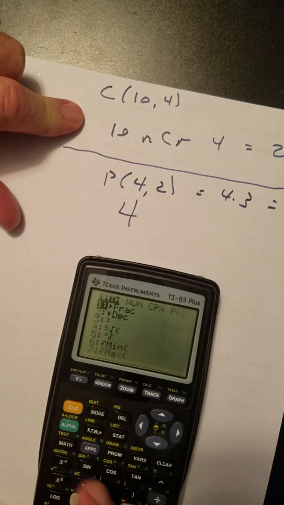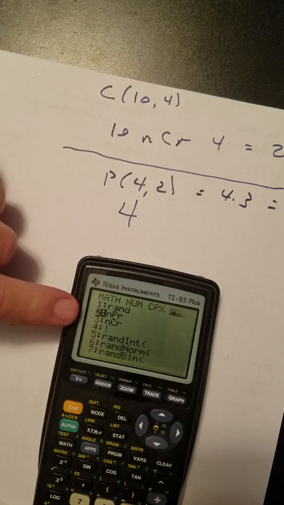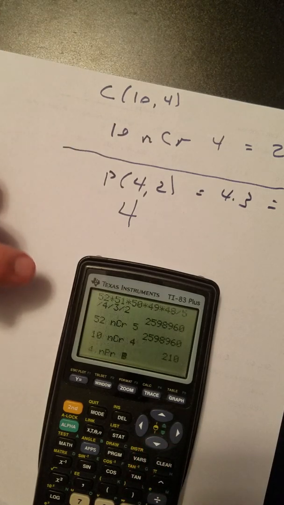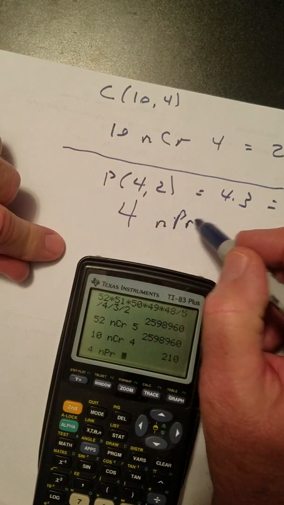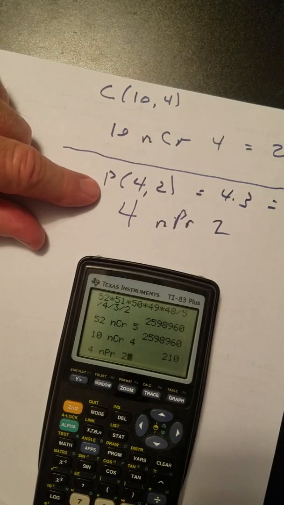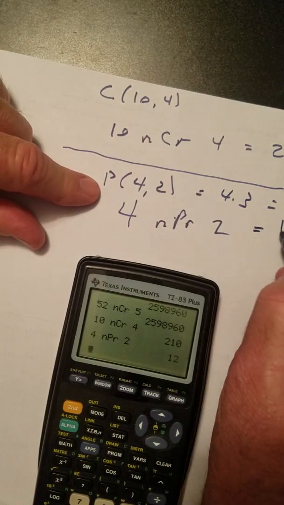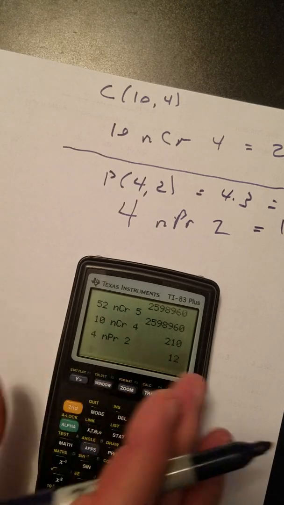Then I'm going to go math, probability, and the second one down is your permutation key. So now it's NPR, and then I'm going to put the 2 in there. I'm going to hit enter, and it comes up to be 12. So combinations and permutations are done exactly the same way. I just put the permutation key in instead of the combination key.